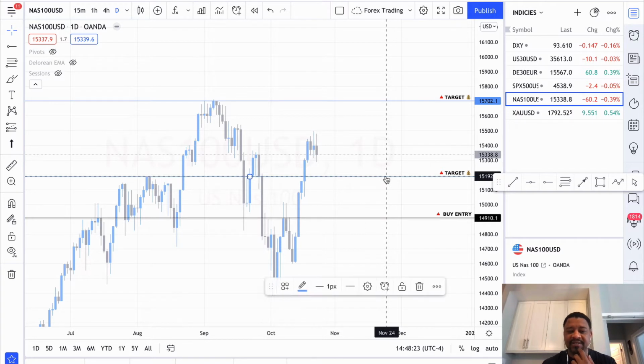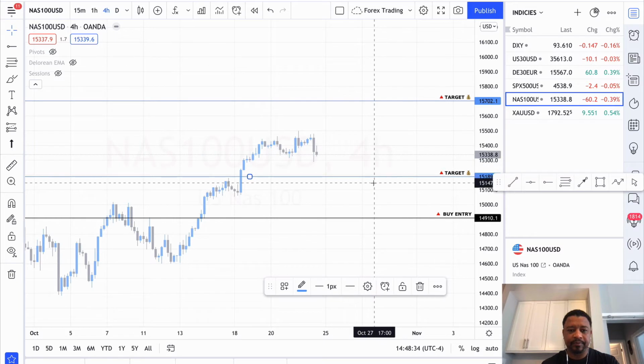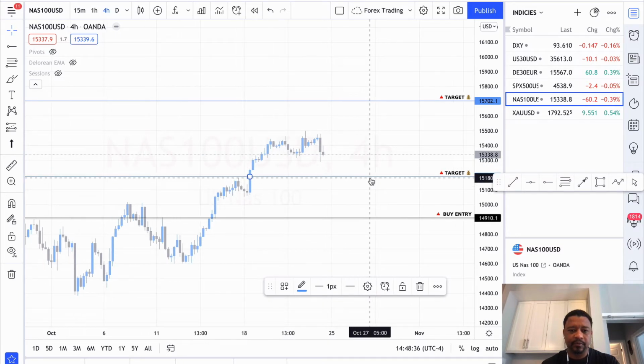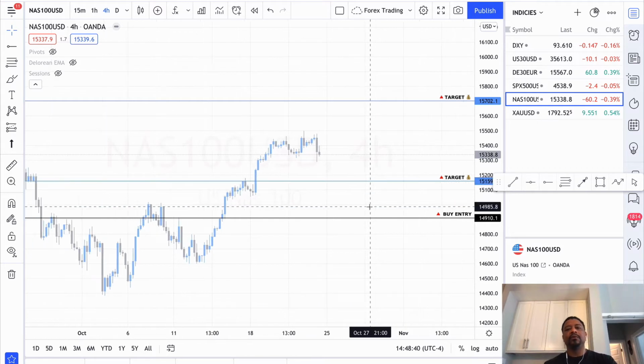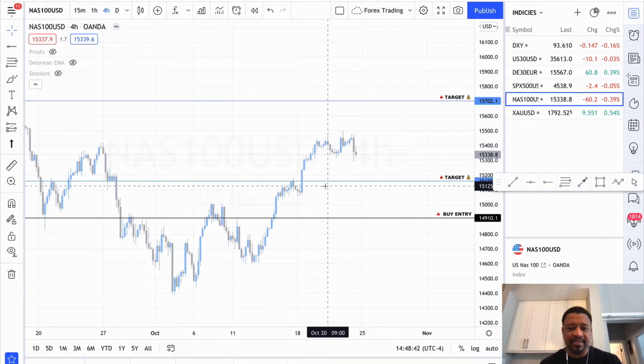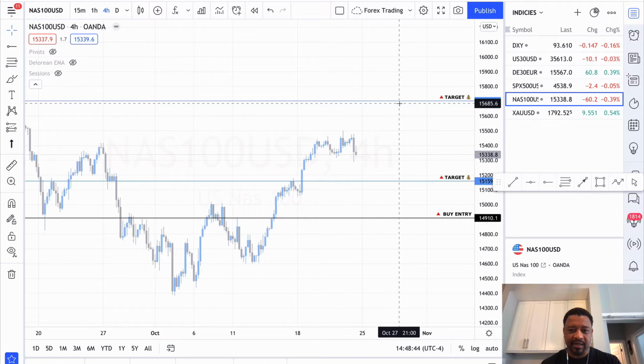If it breaks here, I'll definitely sell it back down into this area. If it does not break below this, I'll be buying it back up.